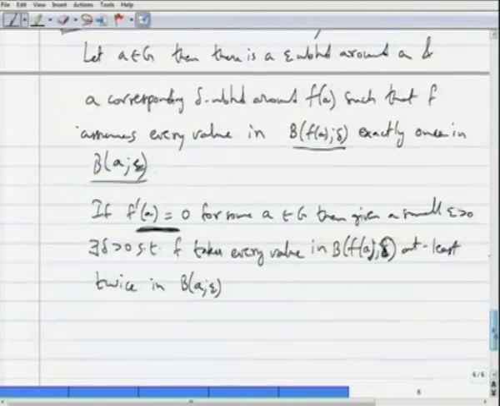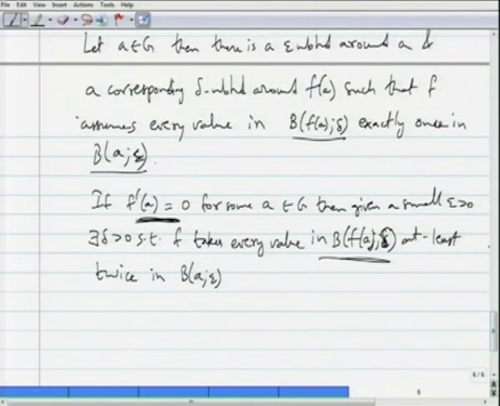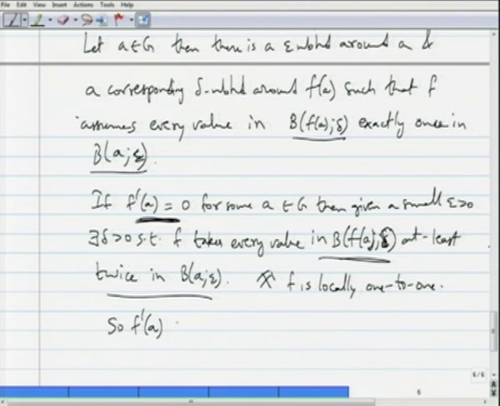So, what that means is that every value in B f of A delta has to be taken at least twice in B A epsilon. So, that is a contradiction since f is locally 1 to 1. So, f prime of A is not equal to 0 for any A belongs to G.